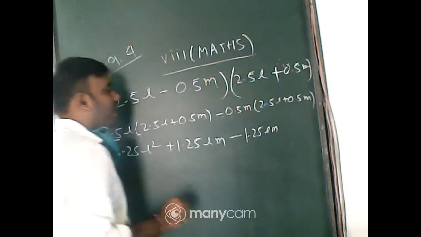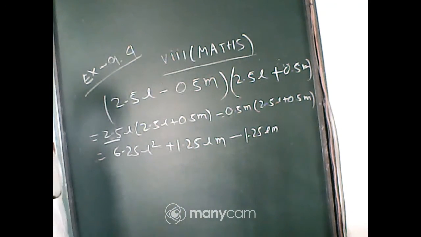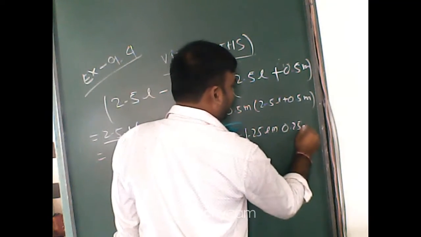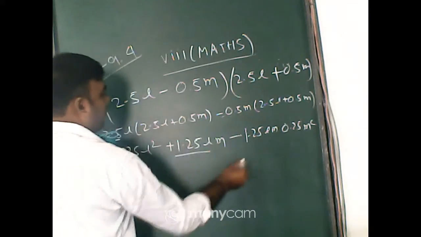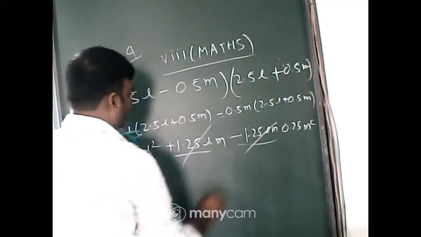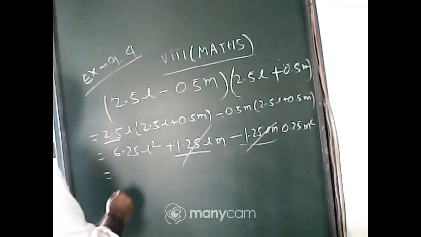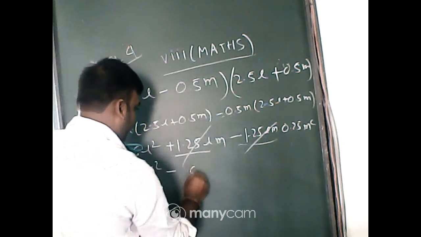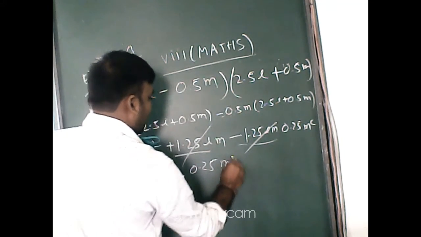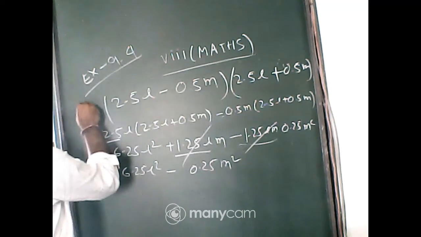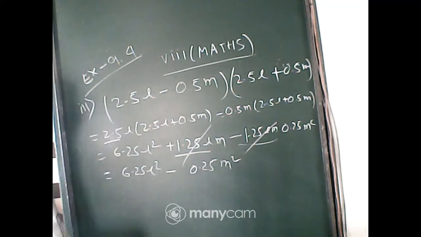Minus 0.5 into 0.5, what will be the answer? It's obviously minus 0.25 m square. Now these two terms are the same but differ only in sign, so you can remove them. So the answer is 6.25 L square minus 0.25 m square. That is question number 3 of exercise 9.4.